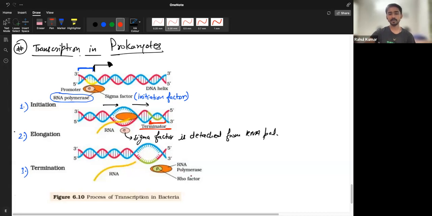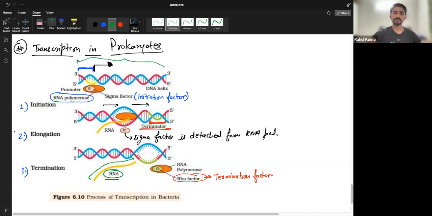So another protein called Rho factor, which is also called the termination factor or termination protein, comes and binds to polymerase, and it tells the polymerase, okay, your job is done, get off the DNA now. And as a result, the RNA is released. So this is the RNA that was transcribed from this whole gene, from here till here. Does it make sense, everyone?